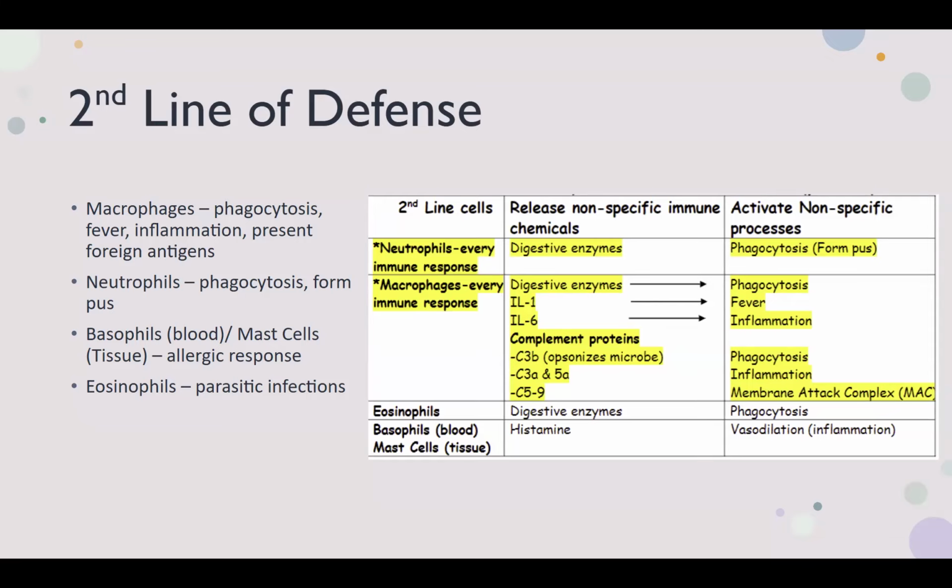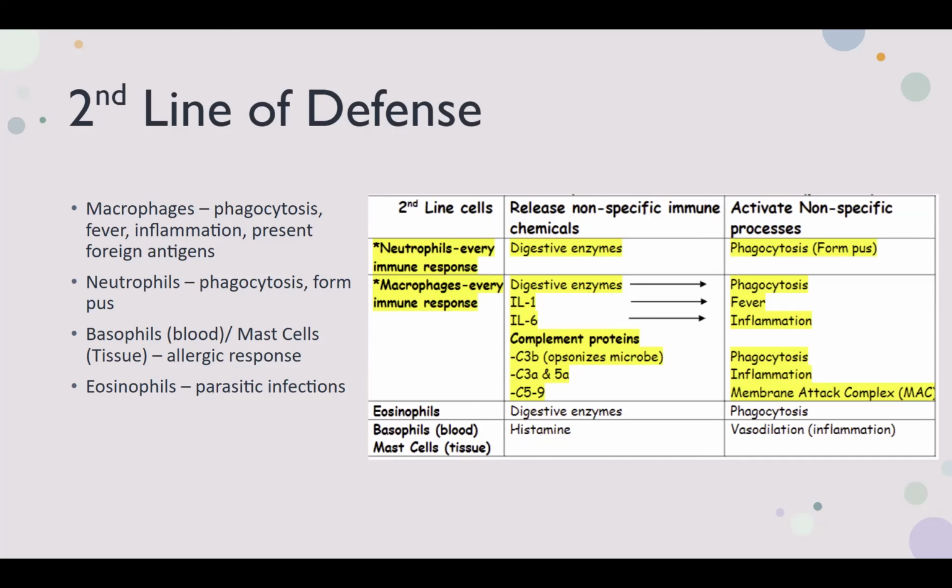I didn't know if I should include those because I see that they're in the same section there. So I was wondering, if during the exam I'll have like four options, interleukin 1 and 6, and then I'll have complement proteins as well. So do I include that for macrophages as well, that they produce complement proteins?